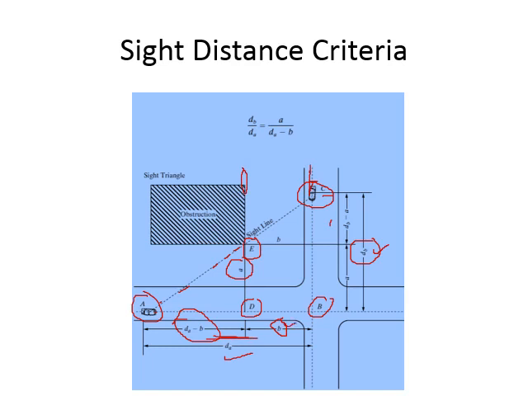So for triangle AED or ADE, the perpendicular is A, and the base is DA minus B.